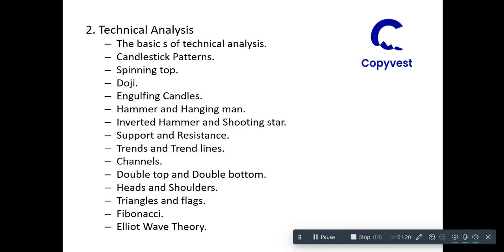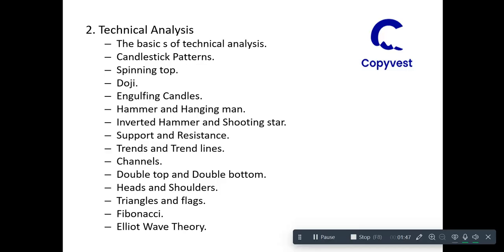and exits. And this is a rundown of what we are going to be doing today. Candlesticks, candlestick patterns, which include the spinning top, doji, engulfing, hammer, hanging man, inverted hammer, and shooting stars. We've done those ones. These are all candlestick patterns that determine entries and exits.